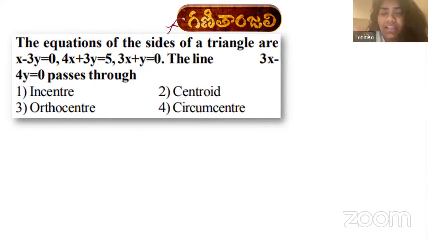Is it 1 and 3, sir? Yes, 1 and 3 are perpendicular lines. 3x minus 4y is equal to 0. I think some term is missing. x minus 3y, 3x minus y.